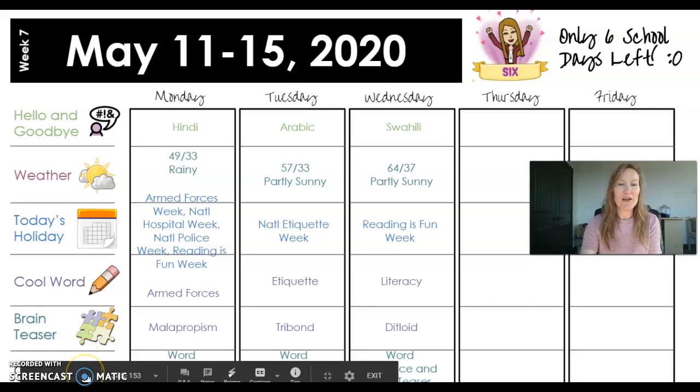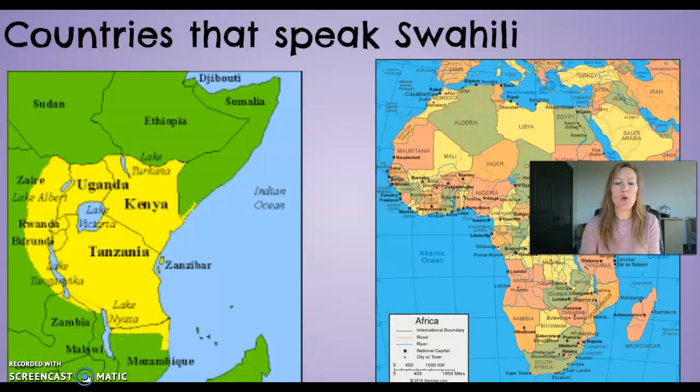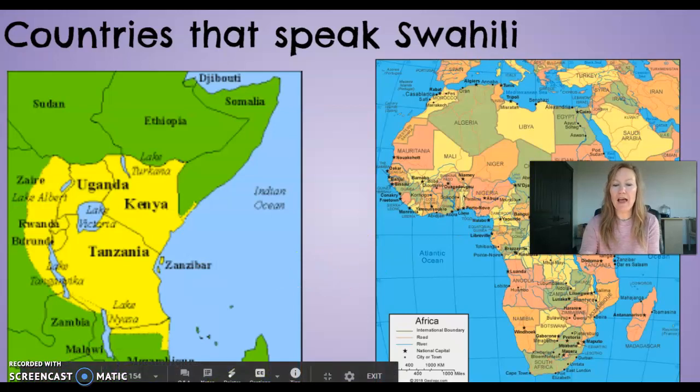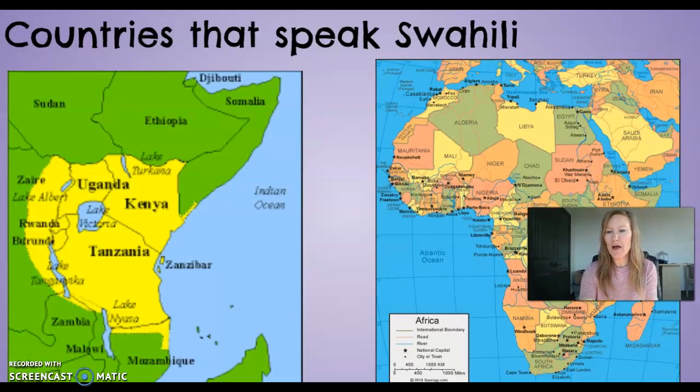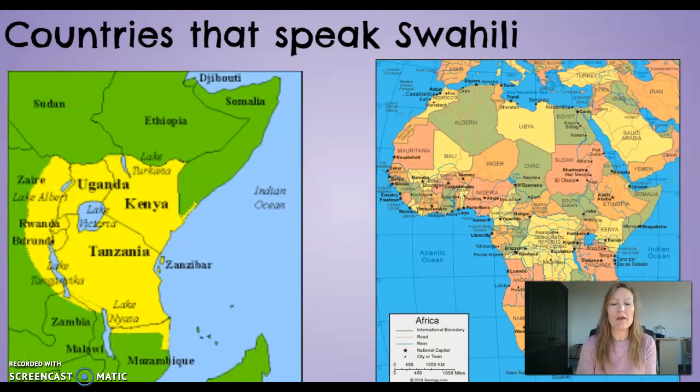All right, let's talk about our foreign language for today. We are sticking now with the continent of Africa. And I know that yesterday we talked about Arabic and how it was not only the Middle East over here, but this huge kind of top rounded edge of the continent of Africa where they speak Arabic.